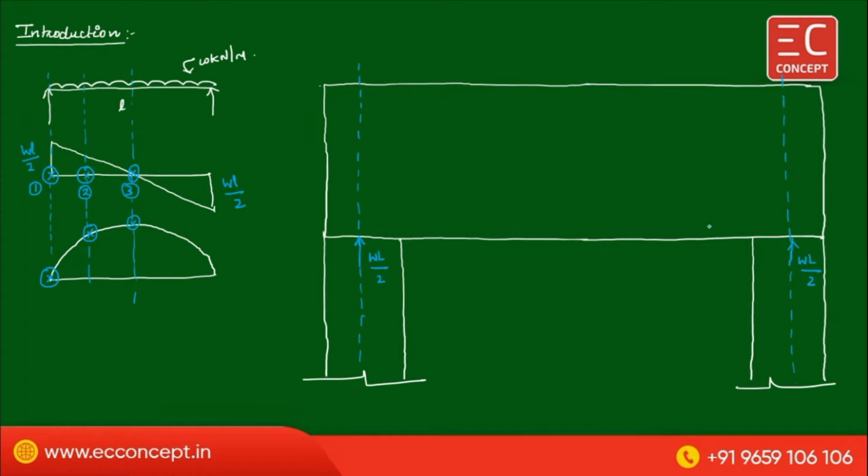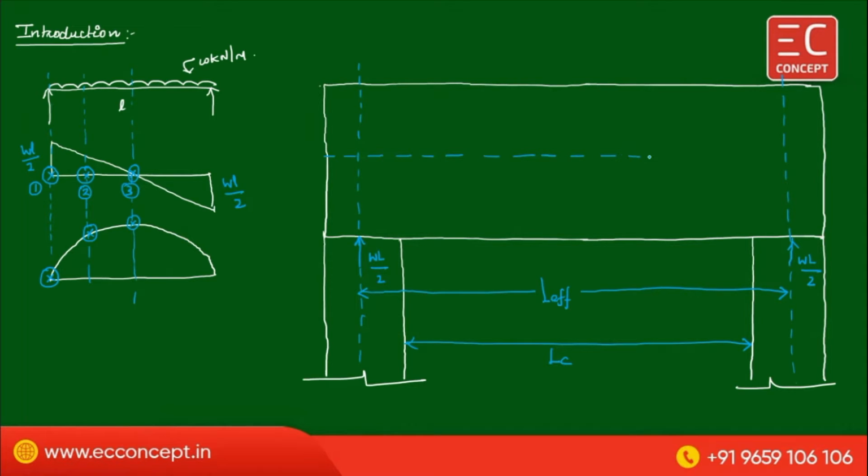This distance we are taking as the effective length, L effective, and the inner to inner distance is the clear span, LC.